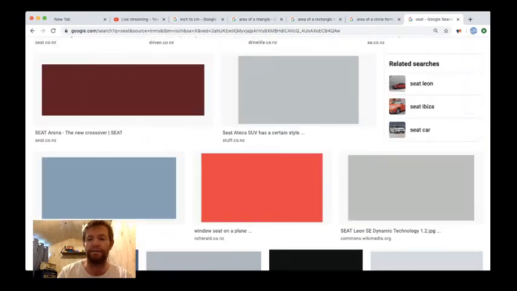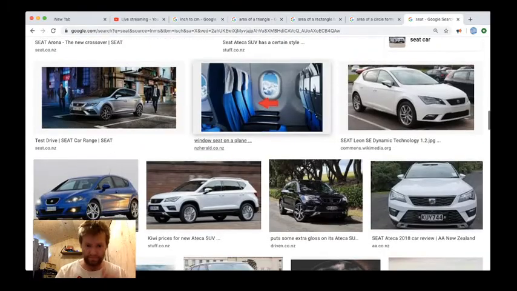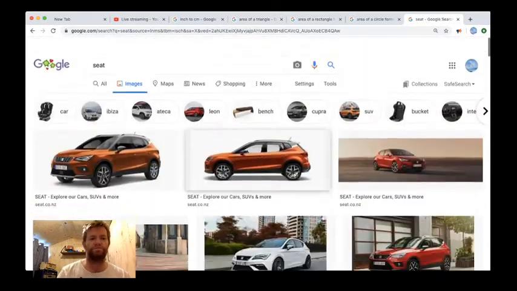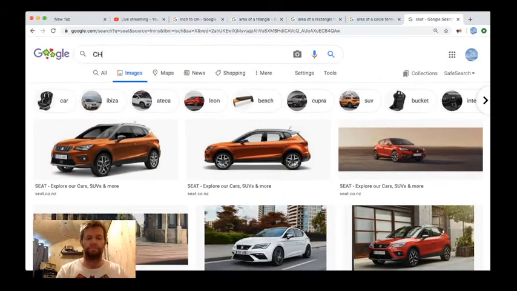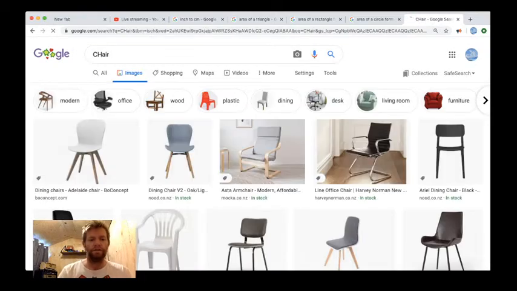Apparently, seat is a car brand. I'll change that to chair. So you would work out the surface area of this shape and of this shape, or in easy terms, this part here and the part that you sit on.